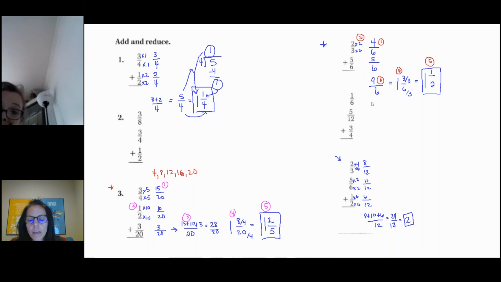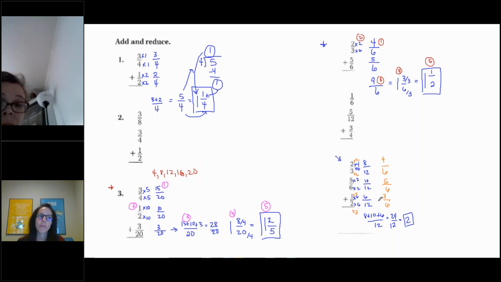So I told you, you could have used 6. You could have used 18. So I'm going to use 6 for a second. The first fraction, I'd have to multiply by 2, right? 3 times 2 and 2 times 2. Second fraction stands alone. Third fraction, I'd multiply by 3. 2 times 3 gives me 6. 1 times 3 gives me 3 over 6.